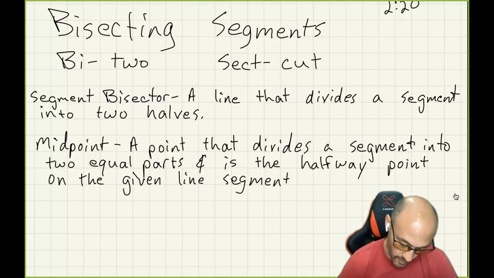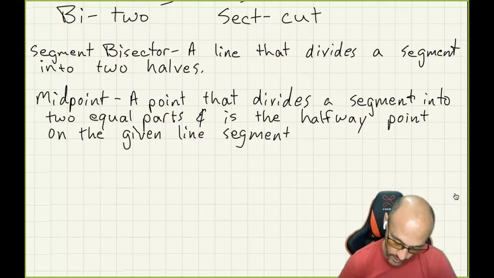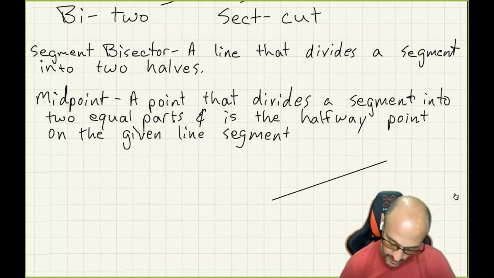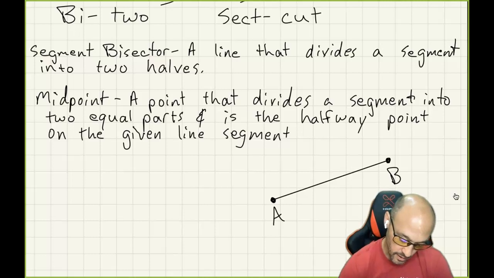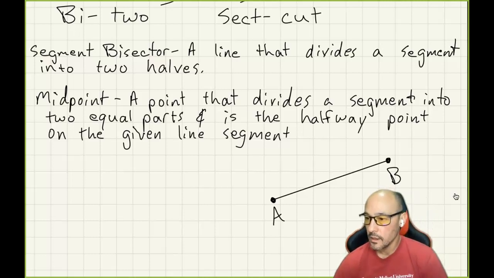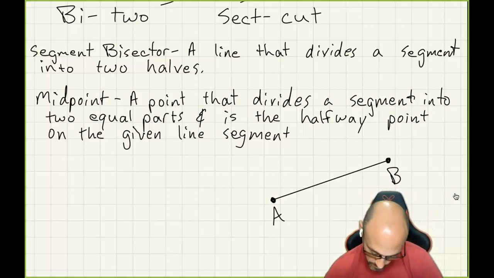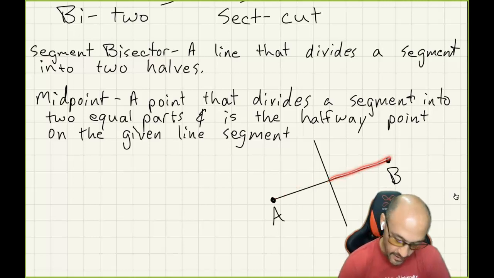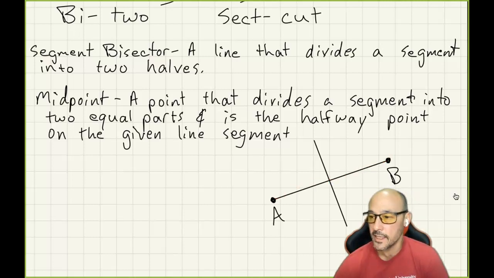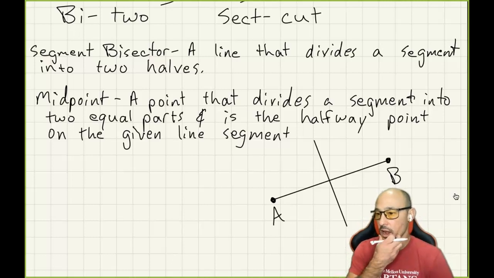Okay, so let's suppose that we have some line, or a line segment rather, line segment AB, and as long as it's true that this side is equal to this side, then that is a segment bisector.